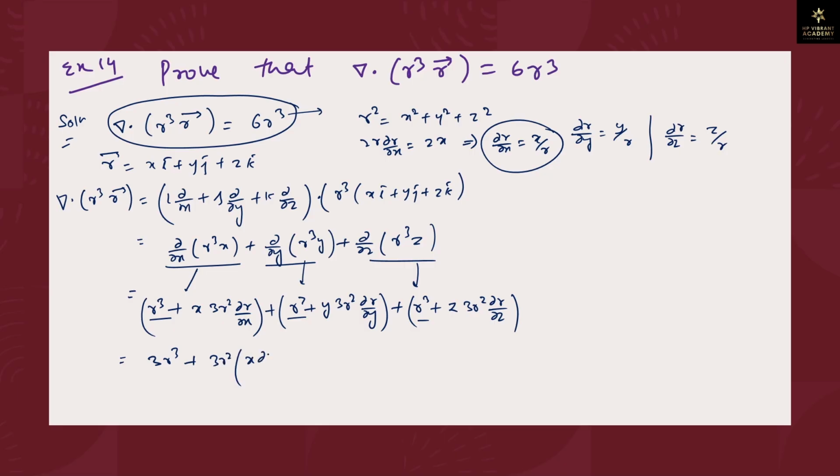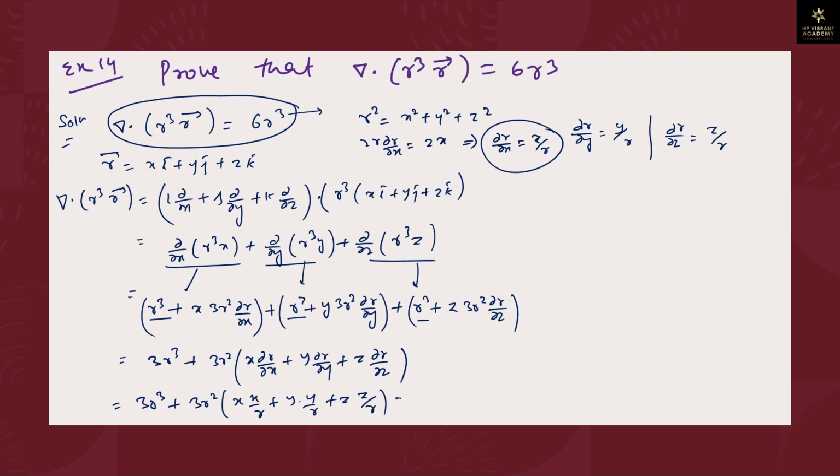From here we have x ∂r/∂x plus y ∂r/∂y plus z ∂r/∂z. So this is equal to 3r cube plus 3r square into x times x/r plus y times y/r plus z times z/r.